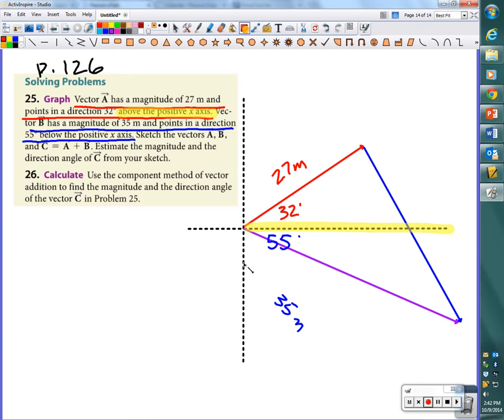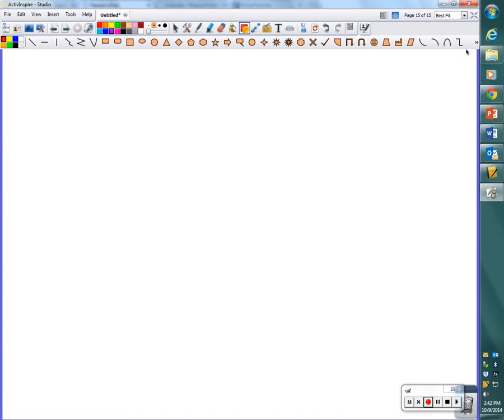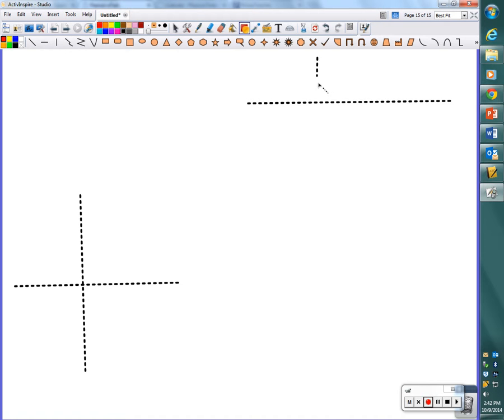Okay? So what I'm going to do is start a new page. And on that new page, I am going to draw an x-axis here and a y-axis here, and an x-axis here and a y-axis here. Okay?